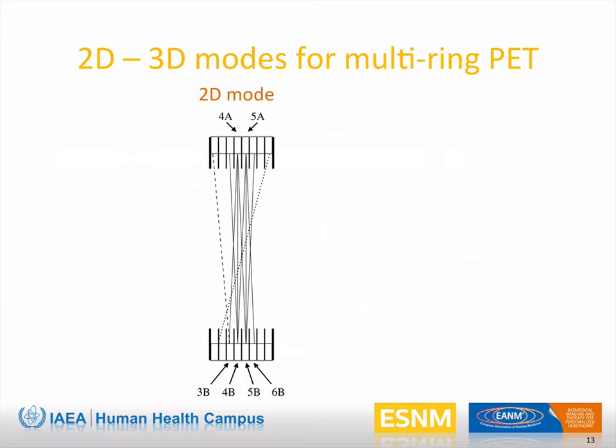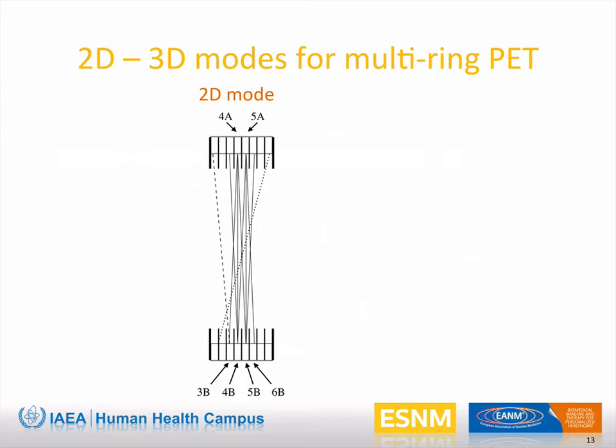To increase system sensitivity and axial field of view, a PET features various rings of detectors. In this picture, you can see the axial section of a PET system. Multi-ring PET systems are classified into two categories, 2D and 3D scanners. In 2D, detectors of a ring are in coincidence with the same ring or with detectors lying in the neighboring rings.